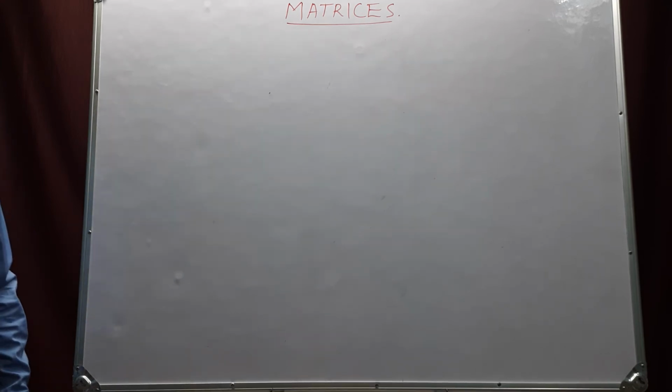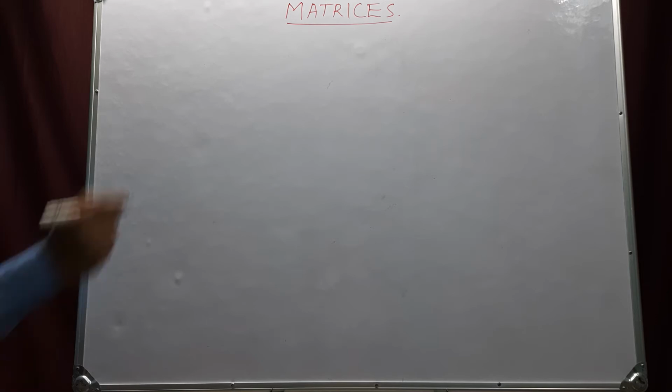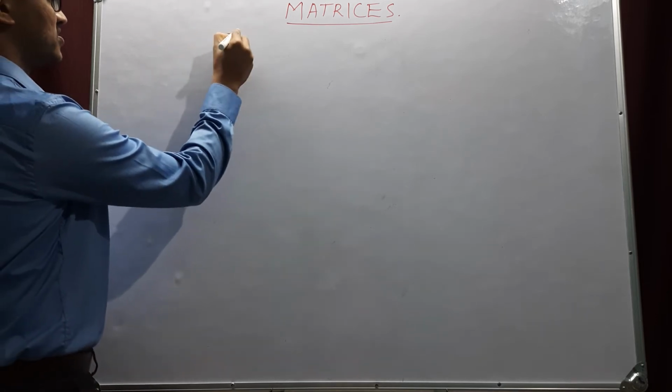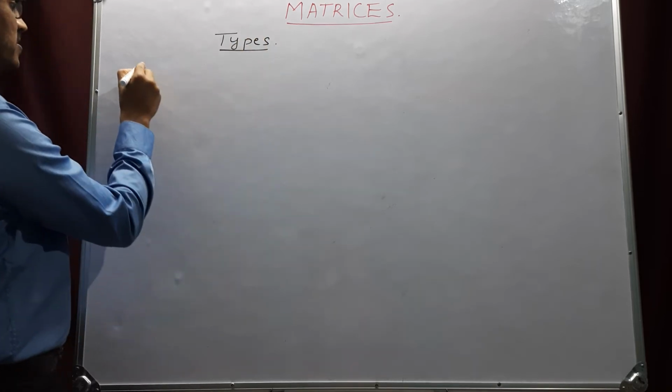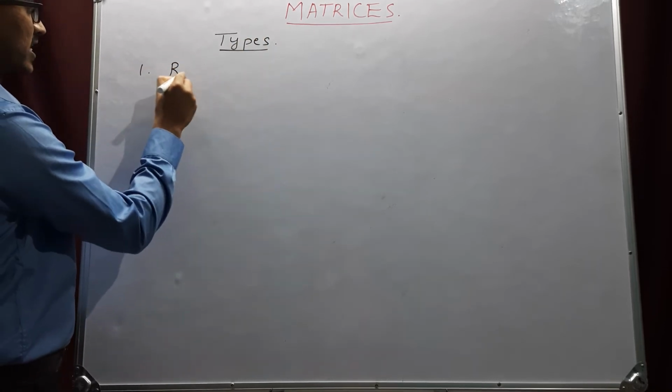Now let us see what the different types of matrices are. In matrices also there are different types according to the order and elements. The first type is the row matrix.